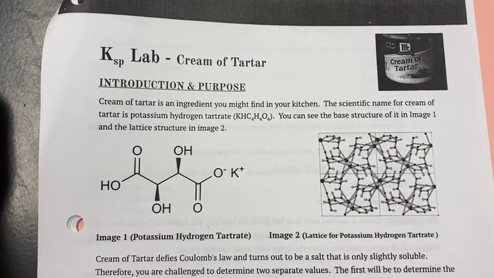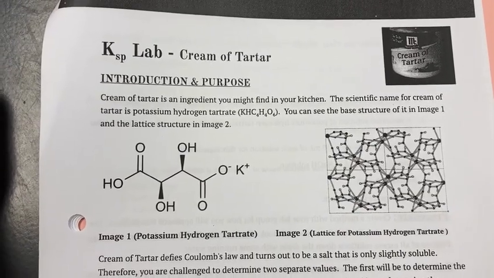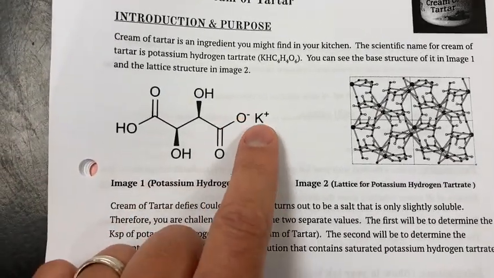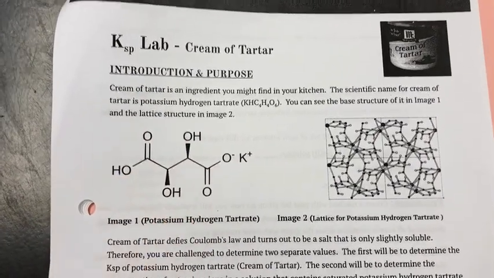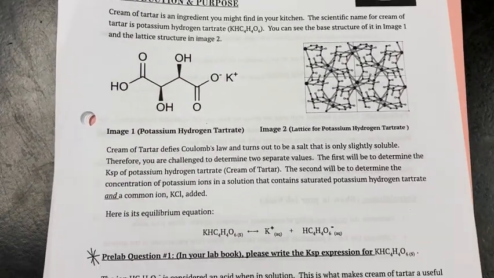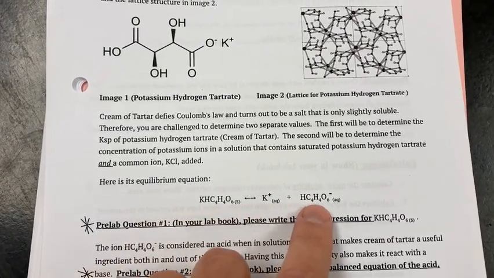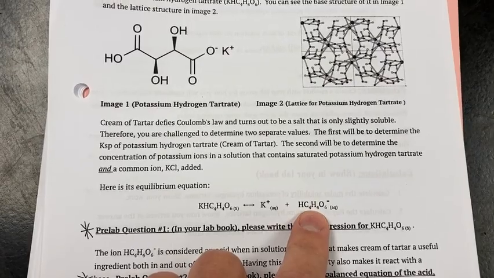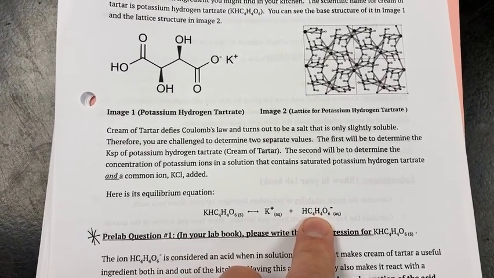But the kind of interesting thing about the substance is it is a slightly soluble salt between the potassium and the hydrogen tartrate. And the other thing is that the ion that forms in this equilibrium, the hydrogen tartrate ion, is actually acidic.